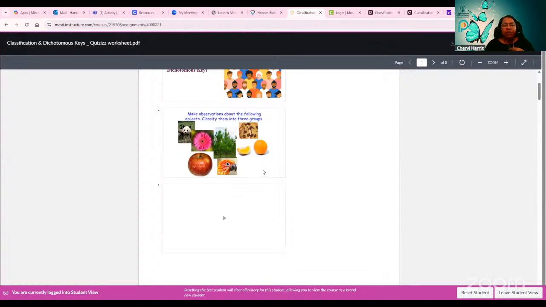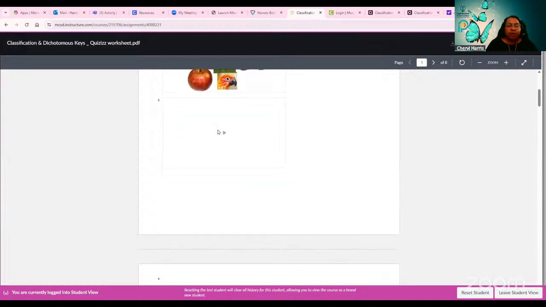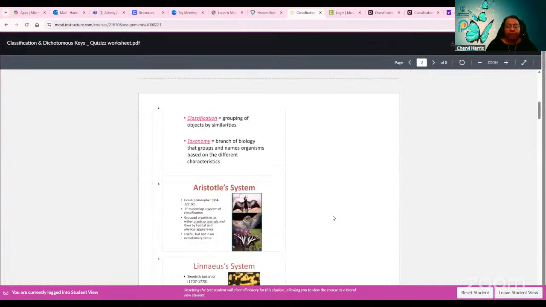So you want to classify them, put them in groups of similar items, and you can just put that in the box for number 3 if you want to. Don't worry about that, it's not a movie, it was a word description on that particular exercise.